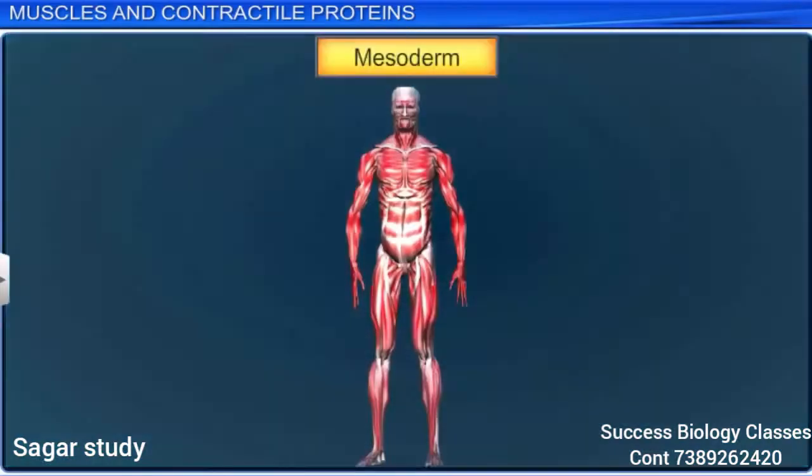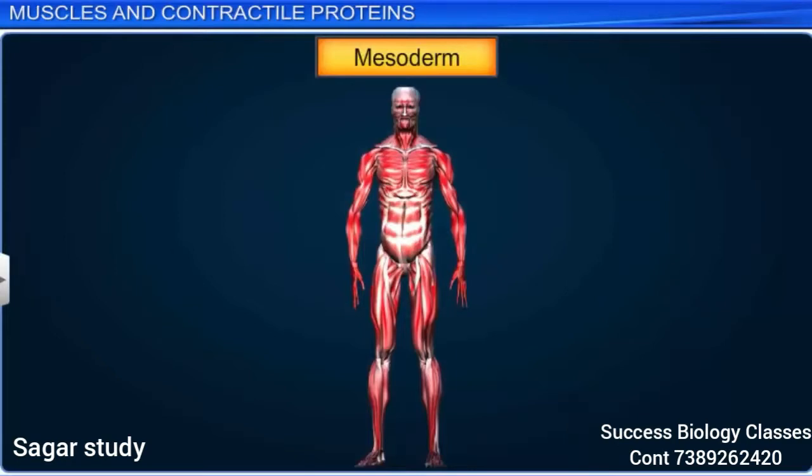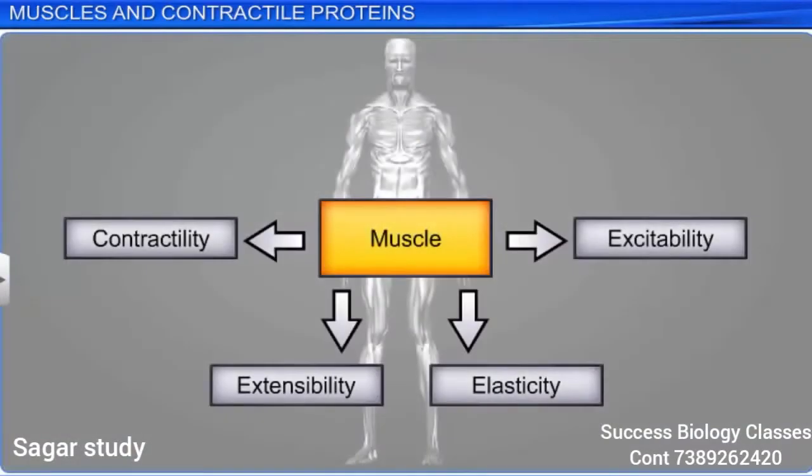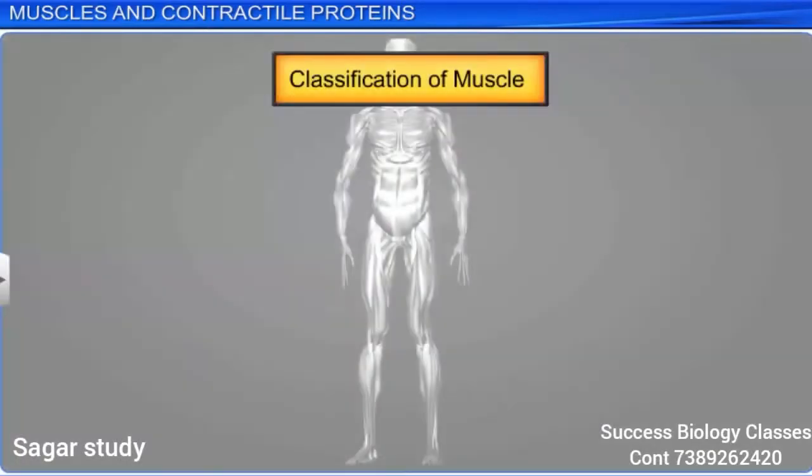Muscle is a specialized tissue that originates in the mesoderm. Interestingly, it is the only tissue in your body that has special properties like contractility, extensibility, elasticity, and excitability.